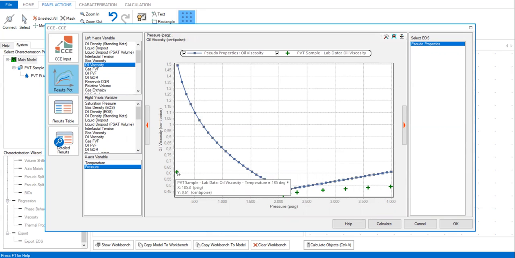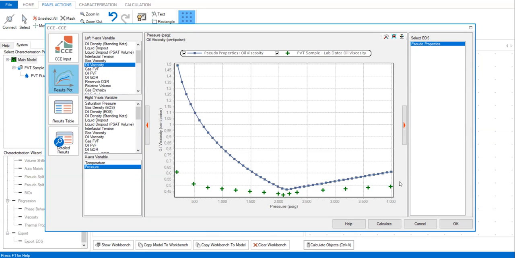Okay? So, we can sort of reproduce the general trend for the oil viscosity in undersaturated conditions, although generally speaking, the results are not very satisfactory.